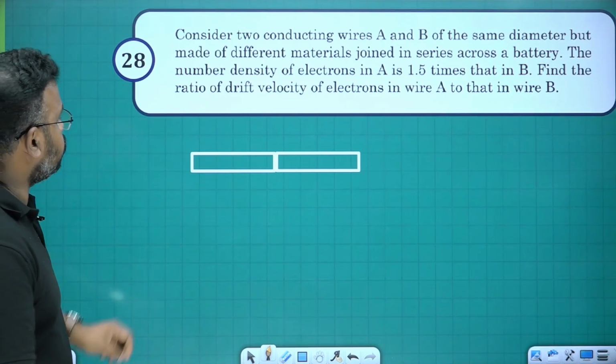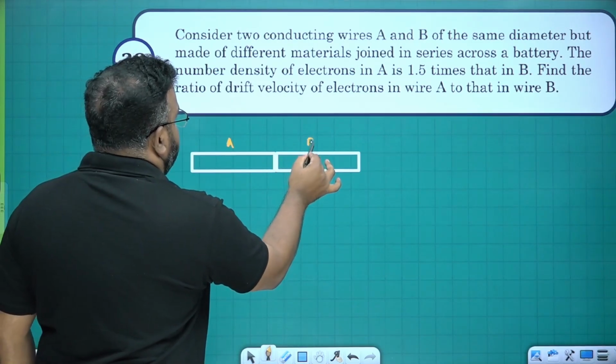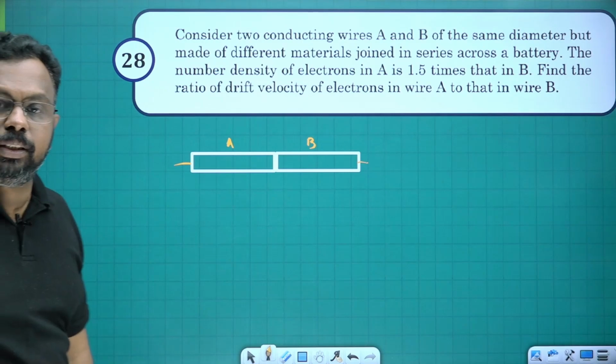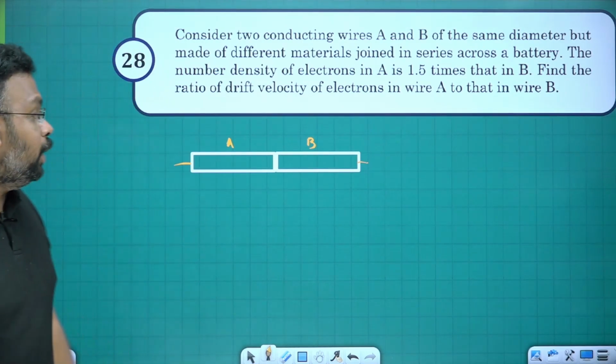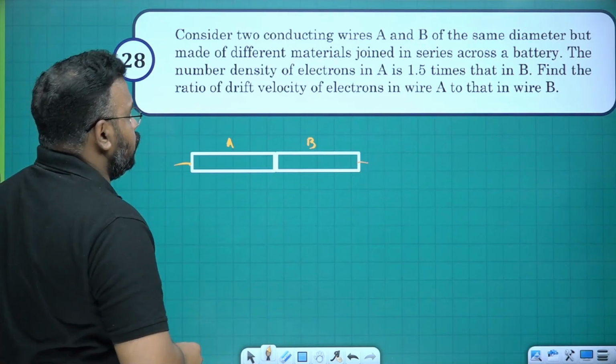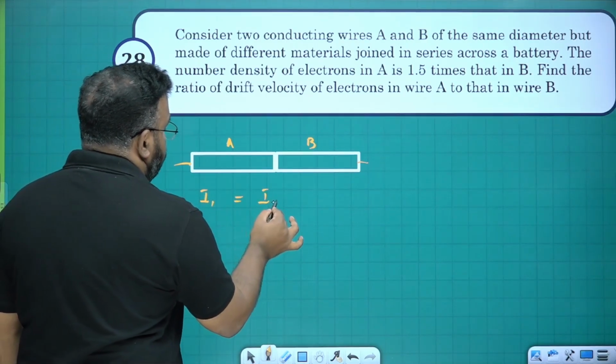So we can name this as A and this as B. They are connected in series, dear students. If connected in series, which quantity is the same? Current is the same. So current in this one is equal to current in the other one. If I take I1 as the current through the first, I1 and I2 are equal.